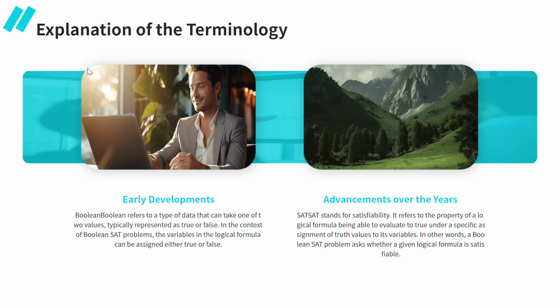SAT, or satisfiability, refers to the property of a logical formula being able to evaluate to true under a specific assignment of truth values to its variables. In other words, the Boolean SAT problem asks whether a given logical formula is satisfiable or not.